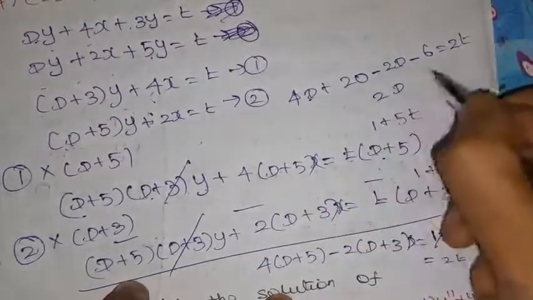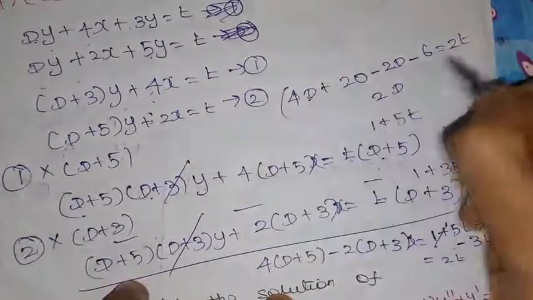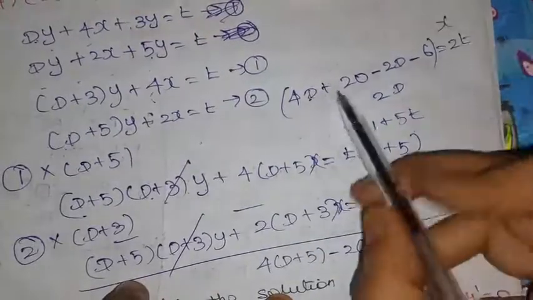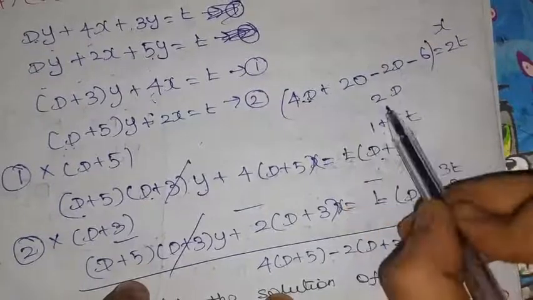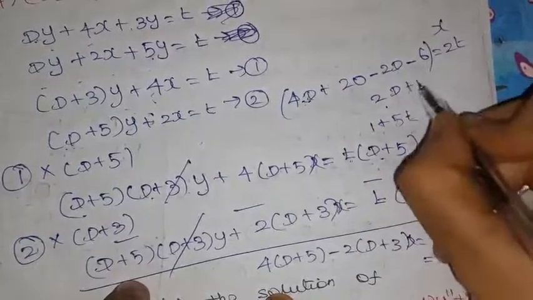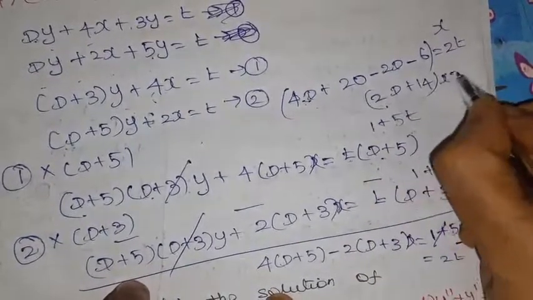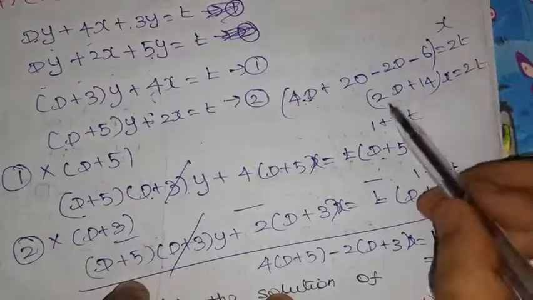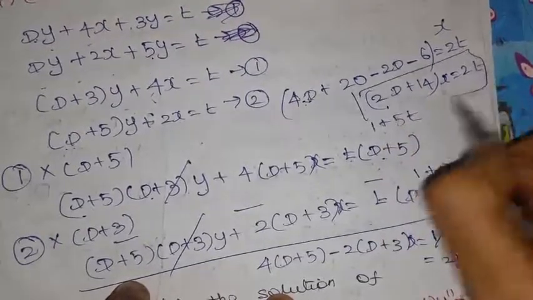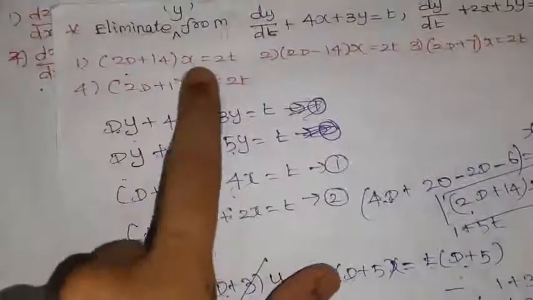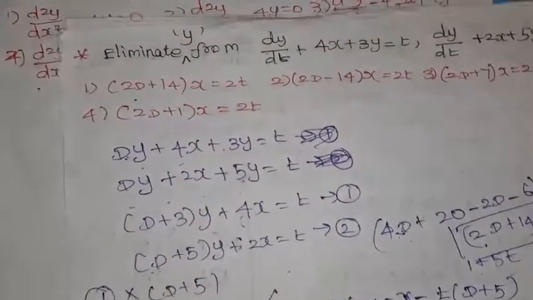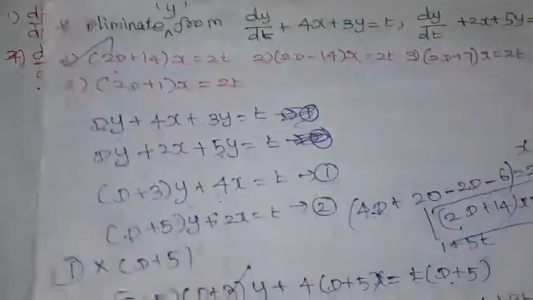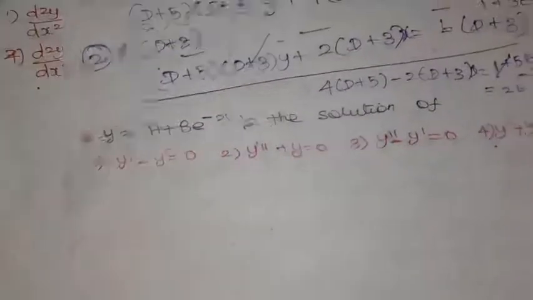Taking x common: 4d - 2d is 2d, 20 - 6 is 14, so (2d + 14) x = 2t. Option 1 is the right option for this problem. We'll move on to the next one.